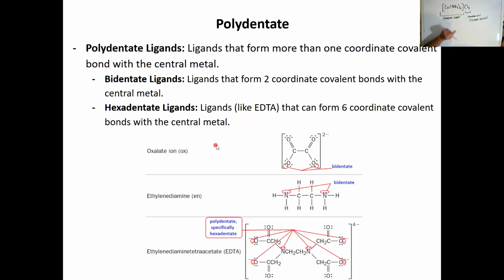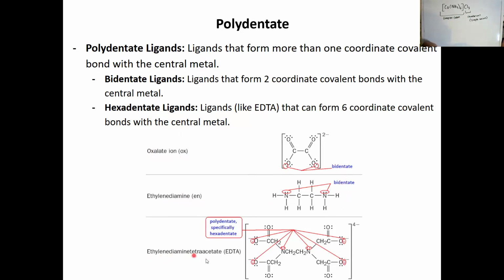And specifically, you have to know which ligands are bidentate and which are hexadentate. The oxalate ion, which is shortened to ox, is a bidentate ligand. And the ethylene diamine ligand, which is shortened as a lowercase en, is also a bidentate ligand. So both of these have 2 attachment points.